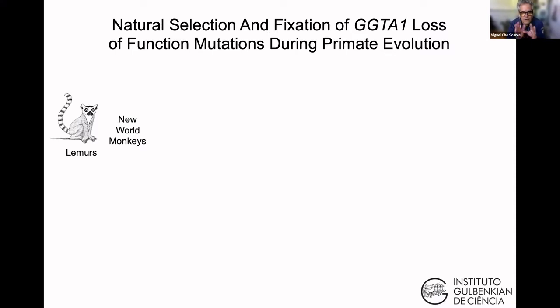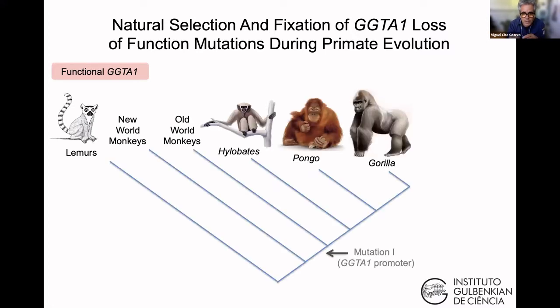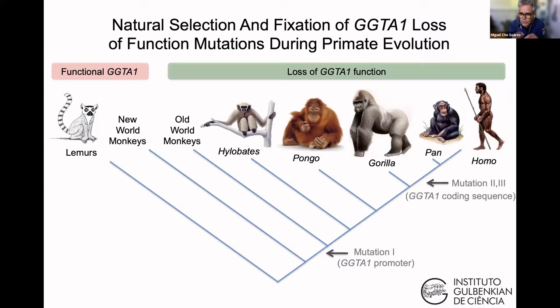The way to understand this is that New World monkeys, including, for example, lemurs, have a functional GGTA1 gene. But Old World monkeys, including humans, have a mutation that appeared very early on, and two other mutations that added to it, and that makes us have a non-functional GGTA1 gene. Because of that, we don't express the end product, which is alpha-gal.